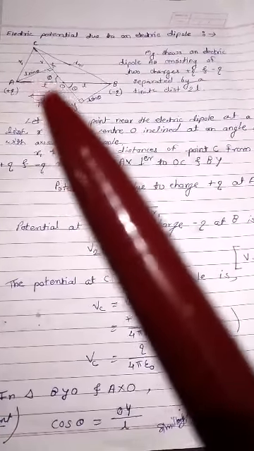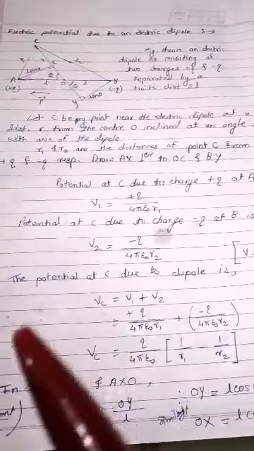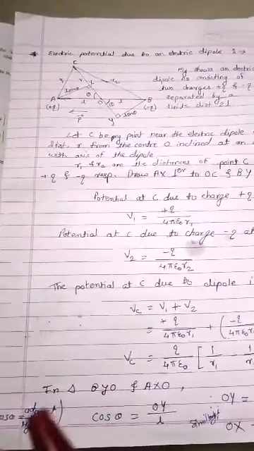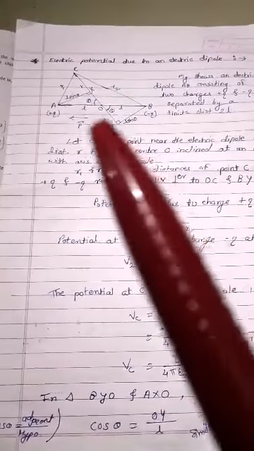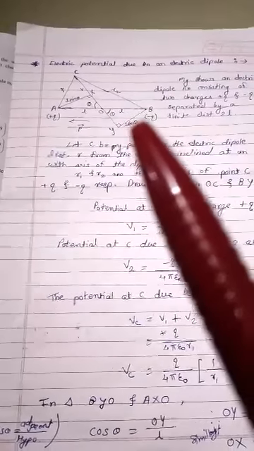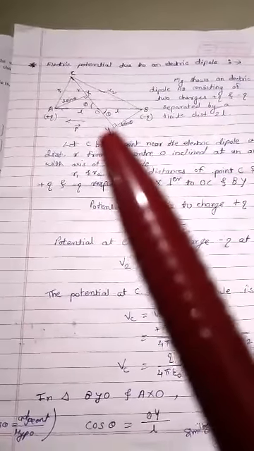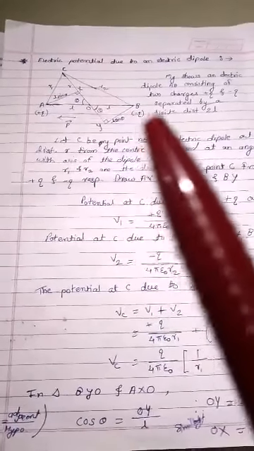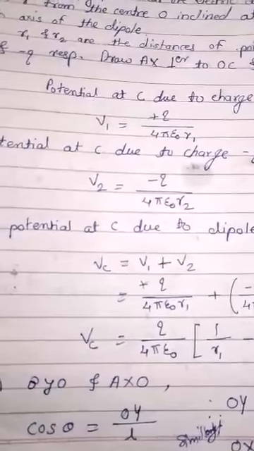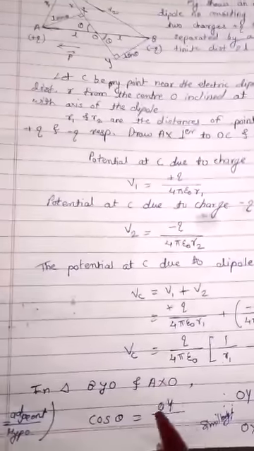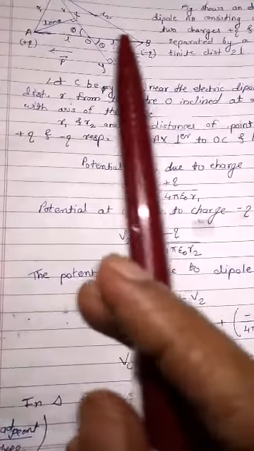We know that cos theta is equal to adjacent side upon hypotenuse. So here, for theta, the adjacent side is OY, and OY upon L, where L is the hypotenuse.